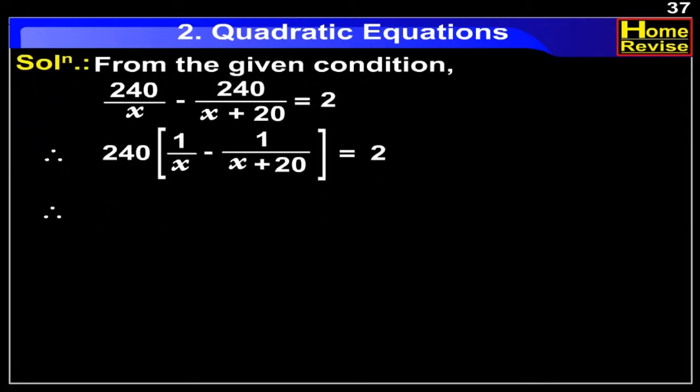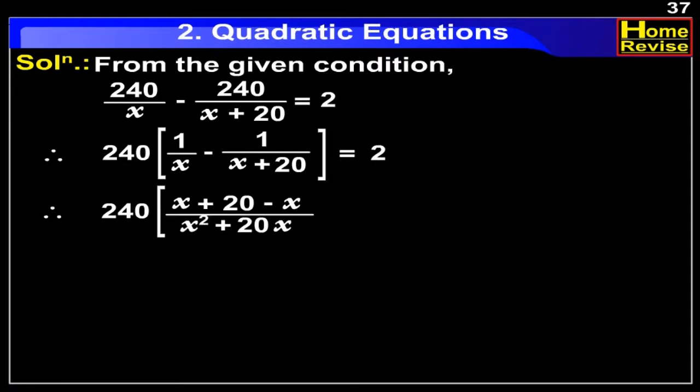Taking LCM of the terms in square brackets, we have 240 into in square bracket x plus 20 minus x upon x square plus 20x is equal to 2.